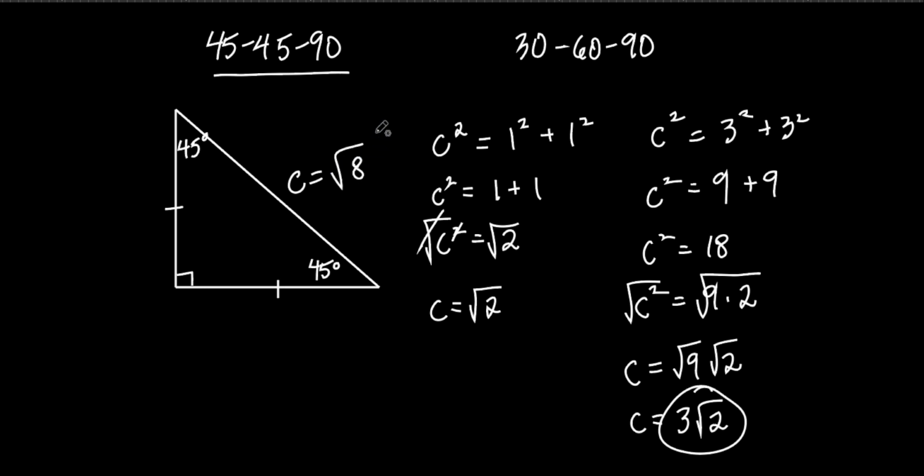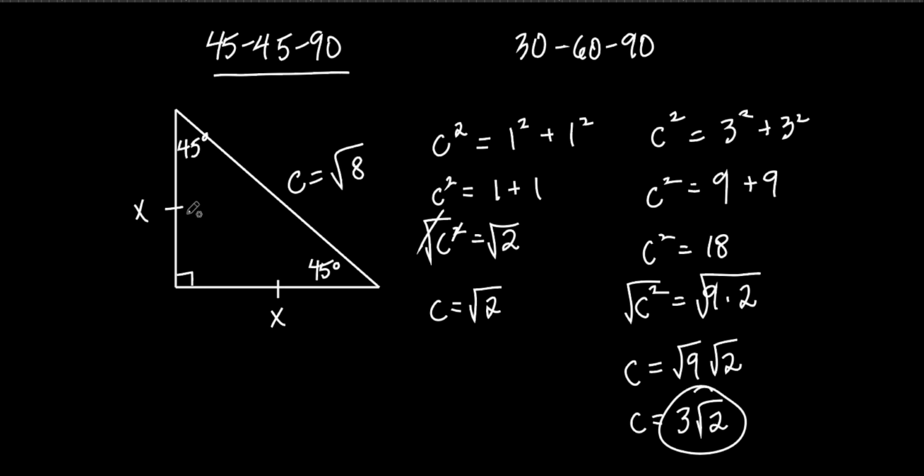I'm trying to make a number that comes out nice and easy. What if I said the length of that hypotenuse was the square root of 8, and I asked you to find this and this? I call them both x. Why did I give them the same letter? Because they're both equal to each other, right? They're both the same exact thing, so I'm not going to call one x and one y.